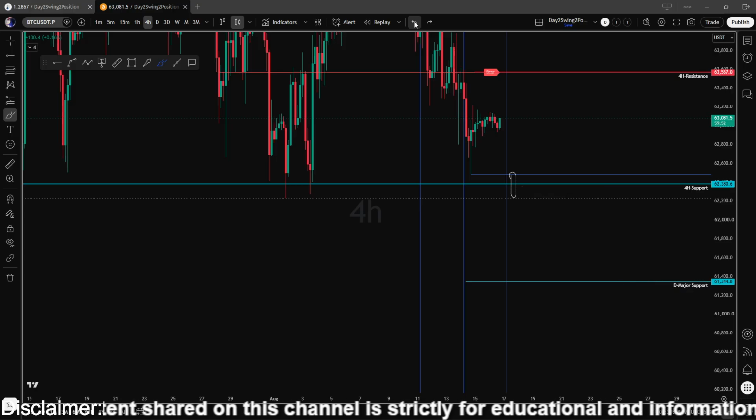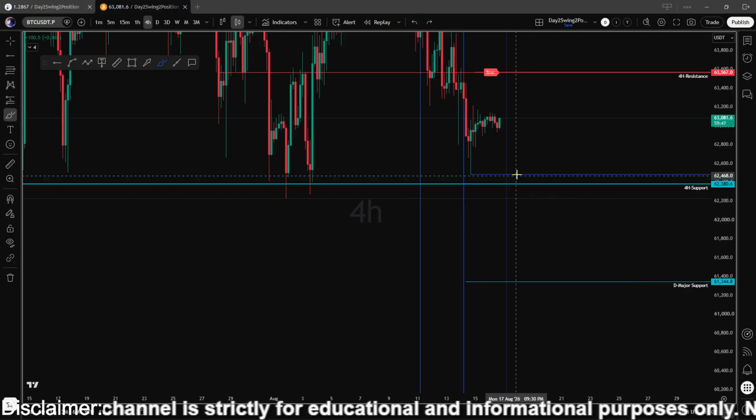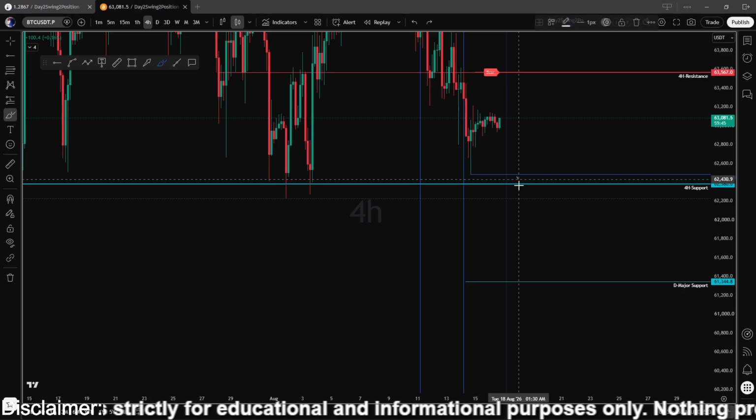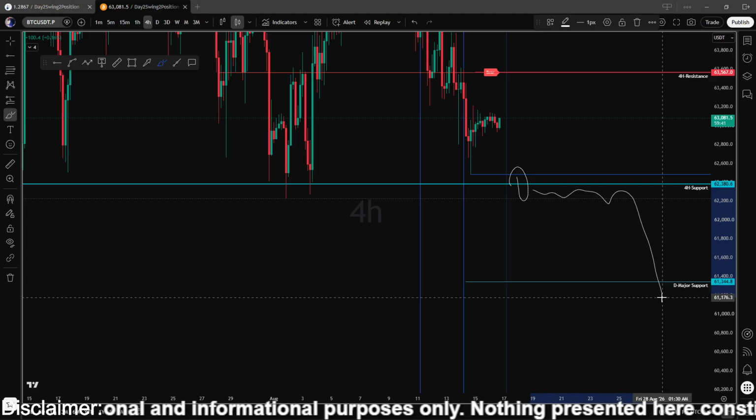In terms of probabilities, I think I already said it: price has to break below the level, and then only it's possible.